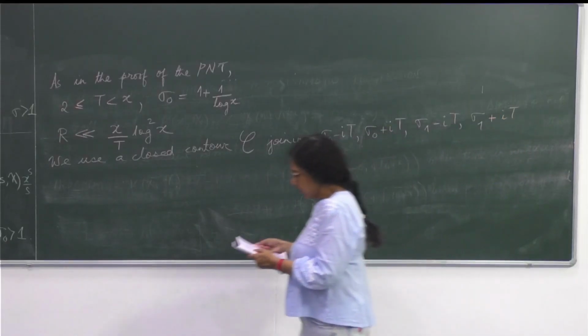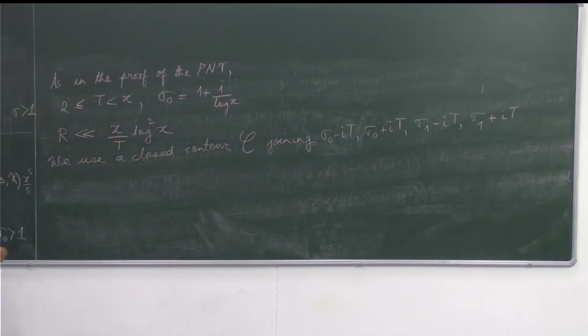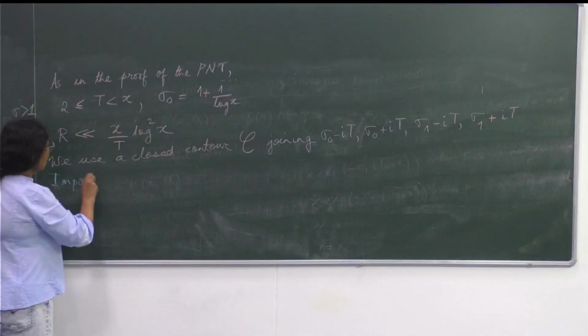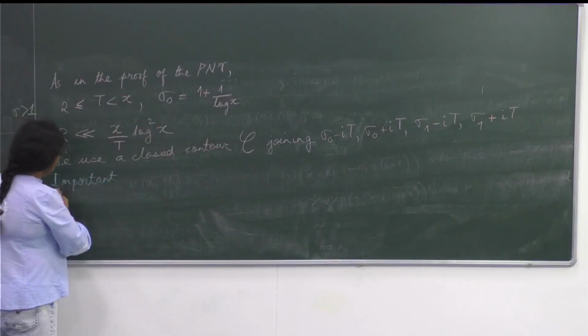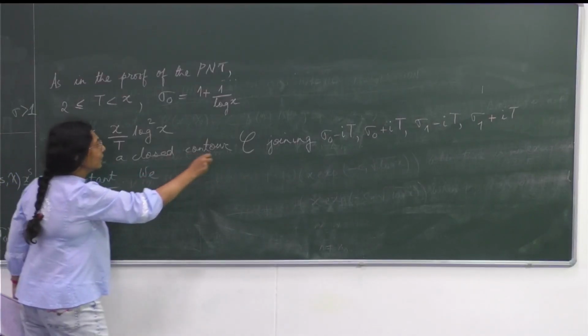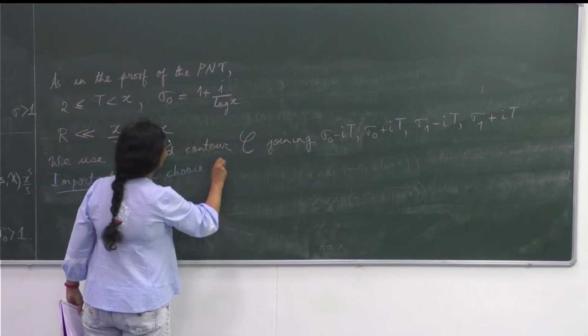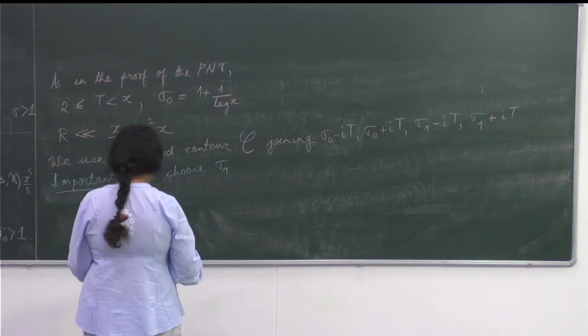Okay. So what do we have to do? The importance is to choose the sigma 1. So it is important to choose this sigma 1. We choose sigma 1, and what should sigma 1 do?